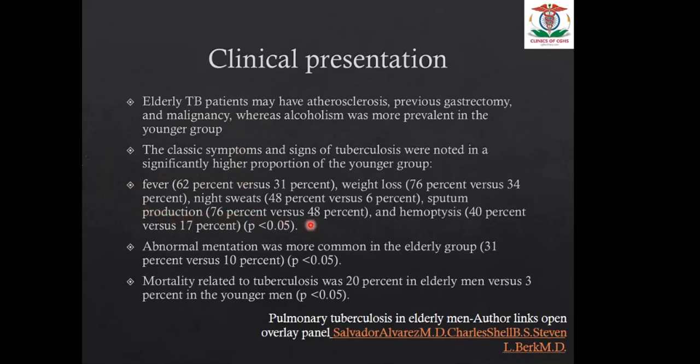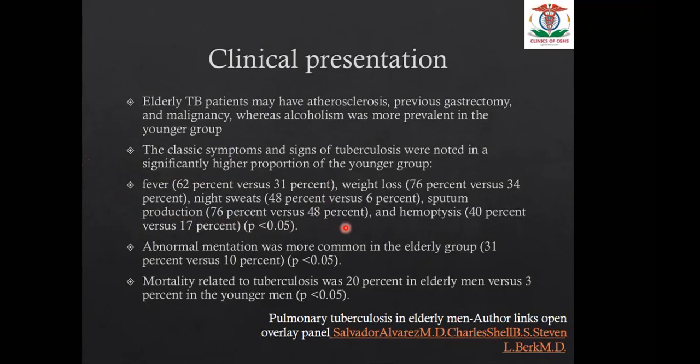Like fever is seen in 62% of younger patients when compared to 37%. One-third will have fever, but the others may not have. Weight loss, 76% in the younger, whereas 34% in the older.